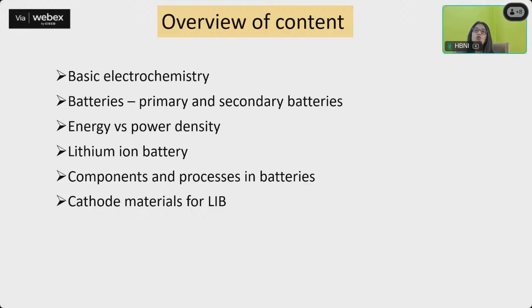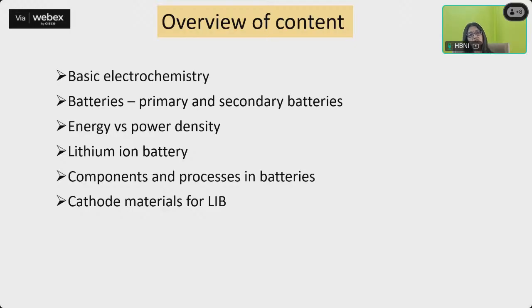Okay, the overview of the content of today's lecture, let me run past it. One is basic electrochemistry, where we will revive your knowledge on whatever you know about electrochemistry. This will be followed by what batteries are, and what you mean by primary and secondary batteries.